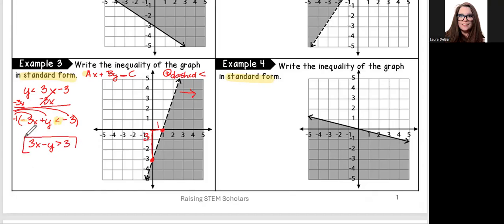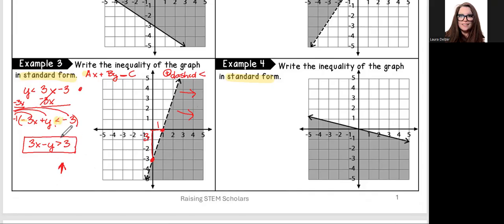So notice something here. This was shaded on the underside, and when we wrote it originally, we wrote our inequality sign correctly to show that it was shaded on the underside. We wrote it as less than. Its standard form does not show it as less than, okay? Because when we moved that 3x over, it made it negative. It caused a whole big kerfluffle.